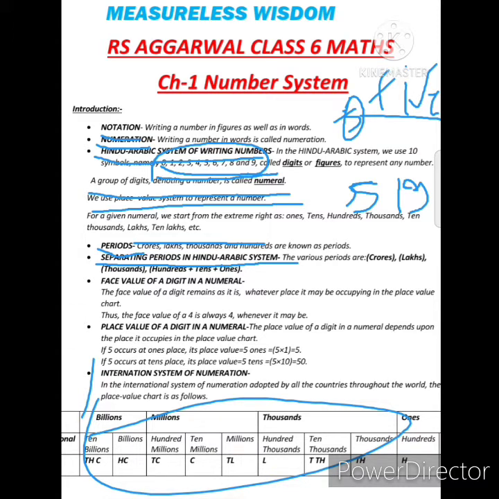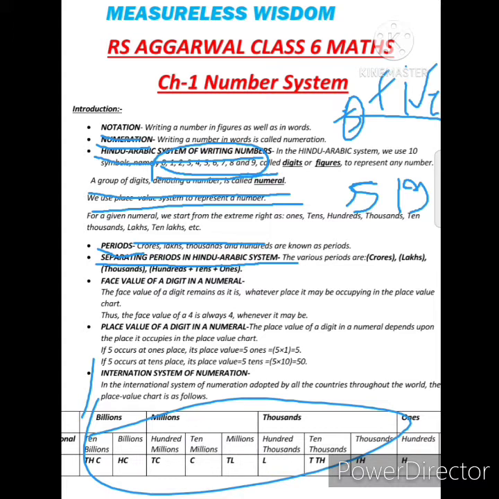It means that there are two types of systems. The Hindu-Arabic system is known as the Indian system, but its real name is the Hindu-Arabic system, and the second is the international system. International means it is used all over the world, but the Hindu-Arabic system is used in India, so it is also known as the Indian system.